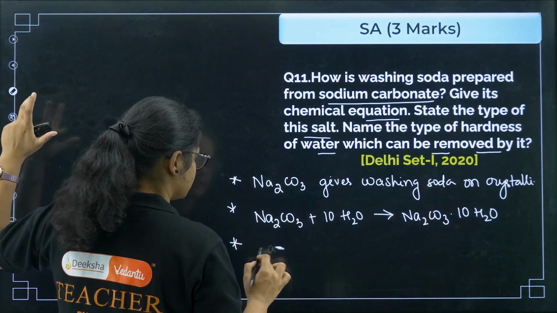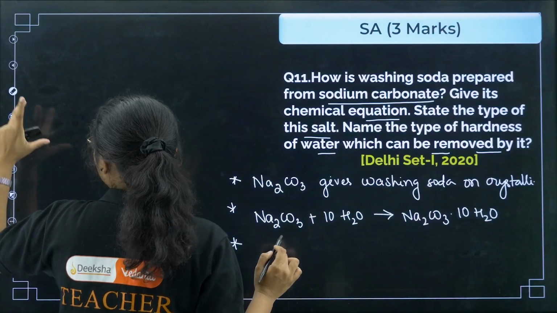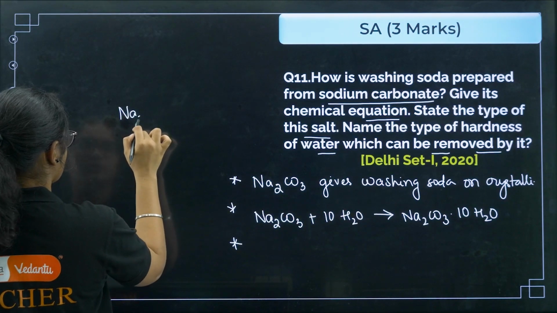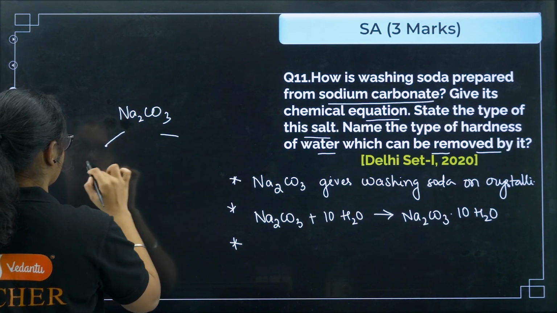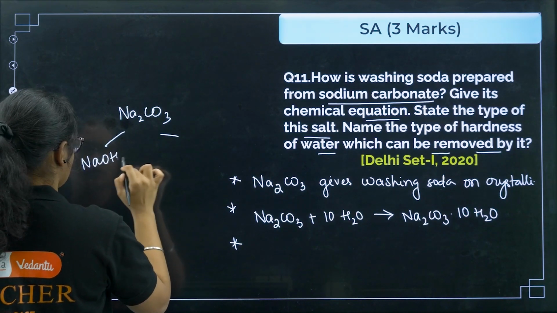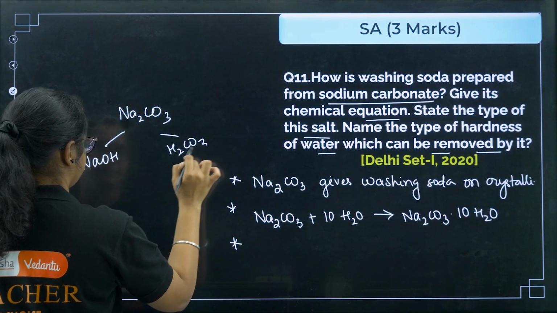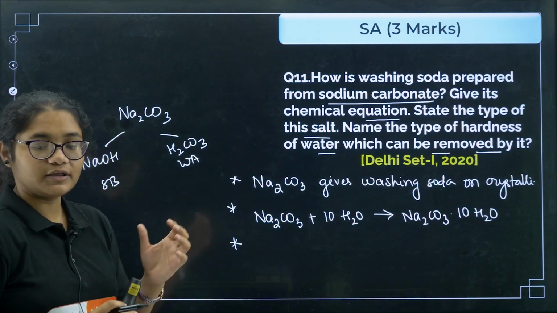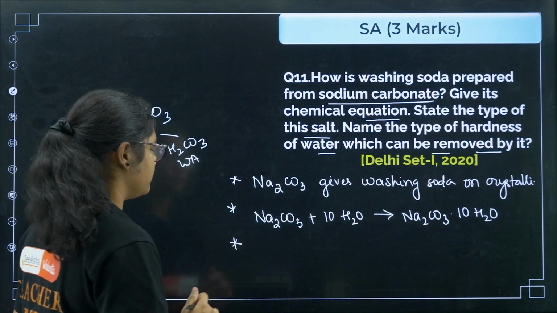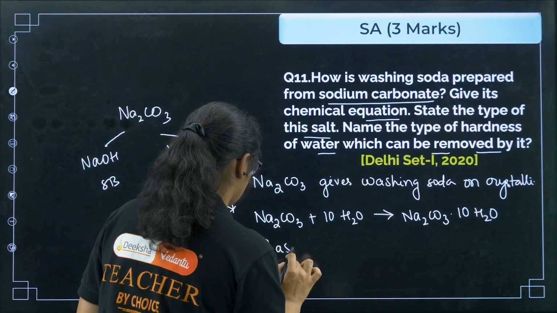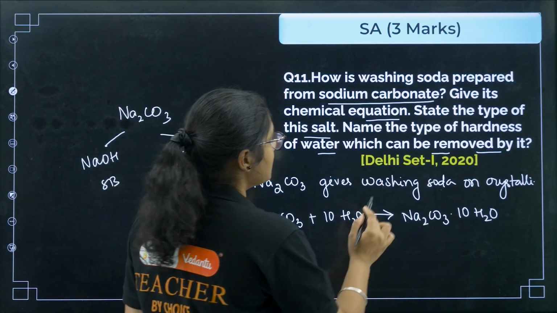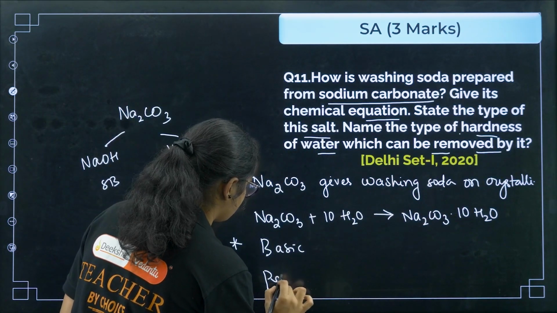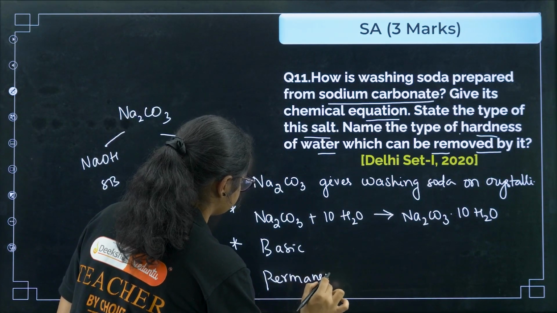Now see, this Na2CO3 is made up of NaOH plus H2CO3. This is strong base and this is weak acid. So now if strong base is there, then the salt will be basic in nature, so that is why this is basic in nature. Next, name the type of hardness of water it can remove. That is, it can remove permanent hardness.